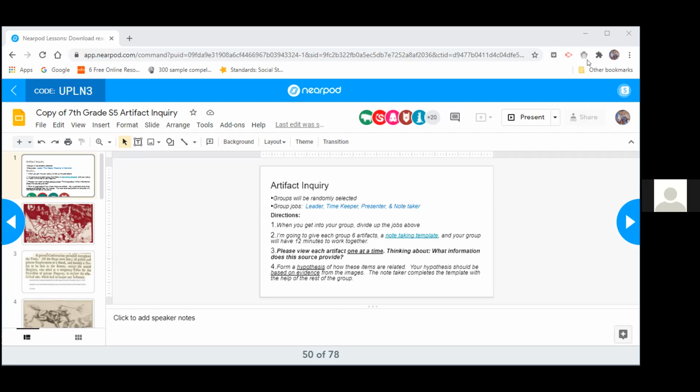Thanks, Nicole. We're not sure of our group number either, but our hypothesis was that the images show citizen uprisings for equal rights or representation. That was based on evidence where we saw the first picture, it looked like they were stepping over religious symbols.